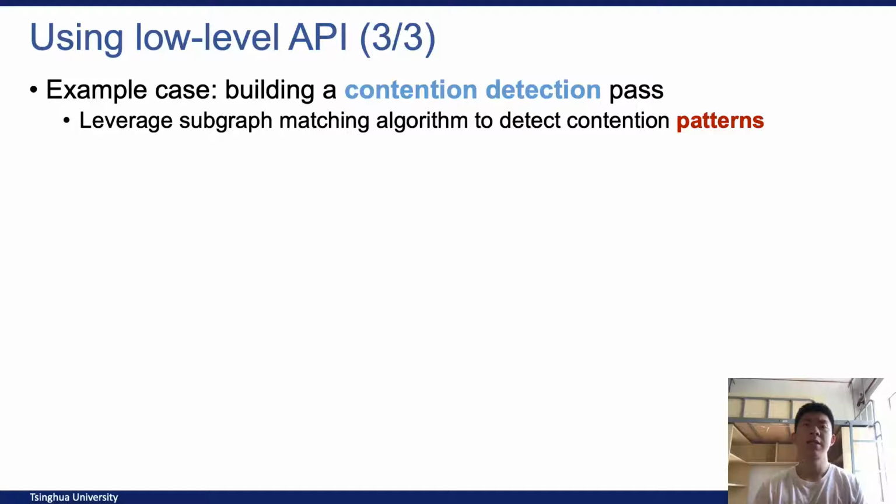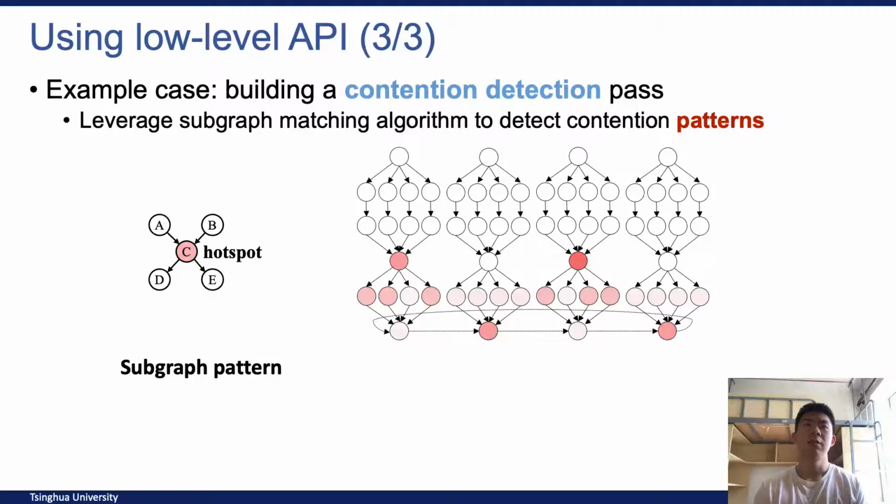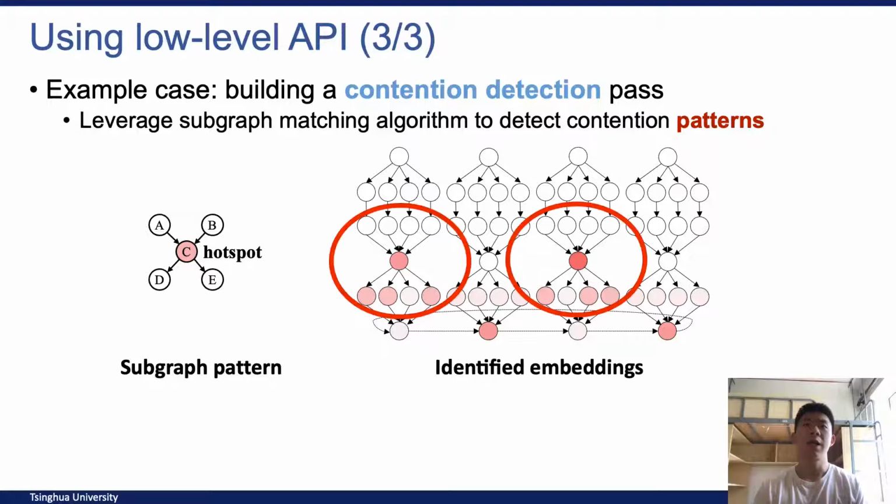The last example is a contention detection pass. We leverage a subgraph matching algorithm to detect contention patterns. For the subgraph pattern on the left side, it can identify all embeddings on the PAG.